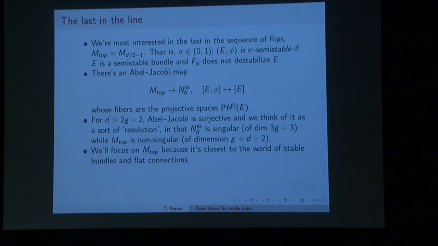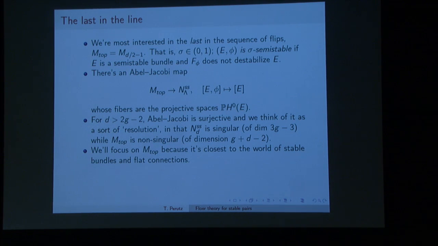Well, let's just make the blanket assumption that d is even. There'll be mild changes if d is odd, but I'm not going to think about that case. So there's this Abel-Jacobi map that sends E phi to E. Its fibers are the projective spaces of sections. So the fiber over E is a projective space on H0 of E.